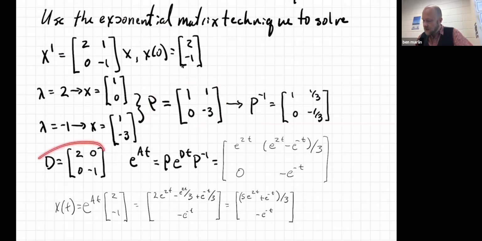Now, keep in mind that for your diagonal matrix, you're going to have to put the eigenvalues in the same order that you put the eigenvectors in for P. Once we've got that P, we also need to figure out what P inverse is.